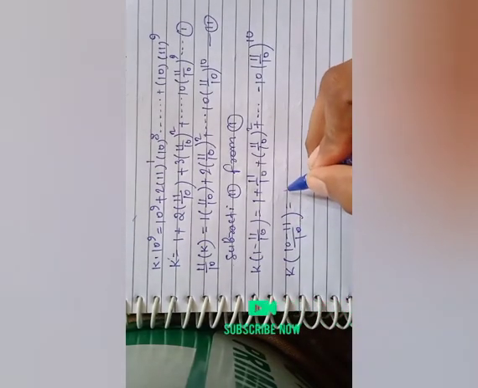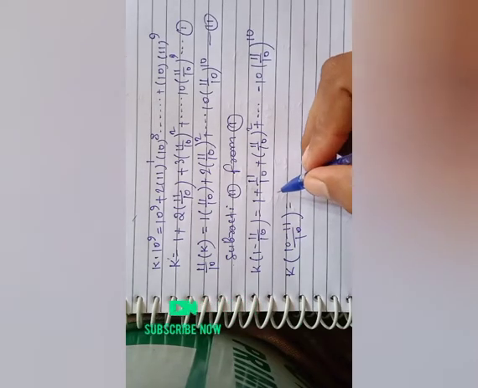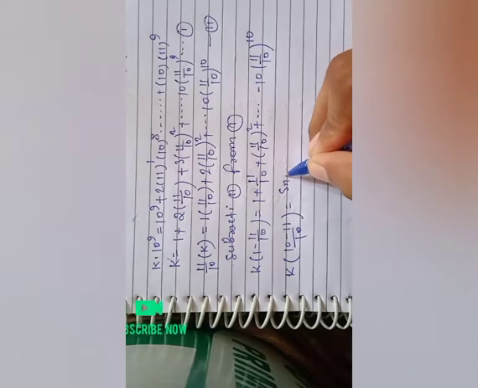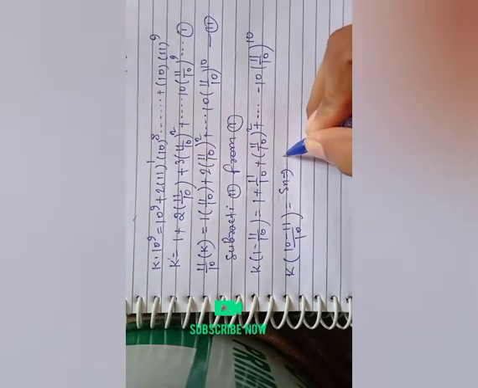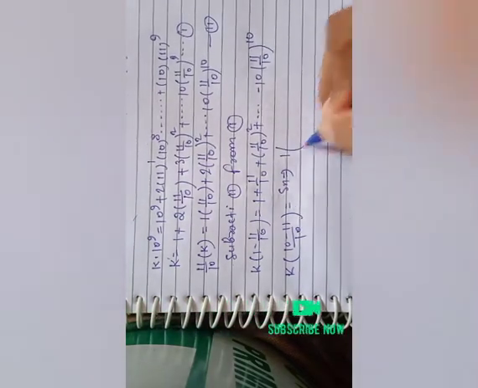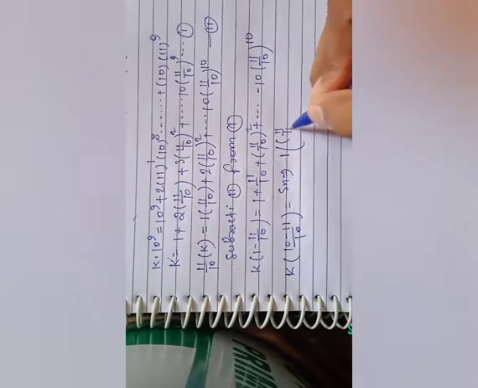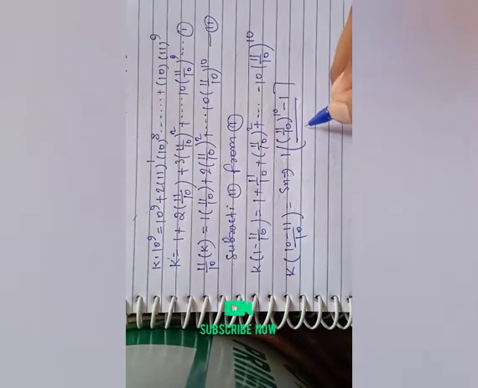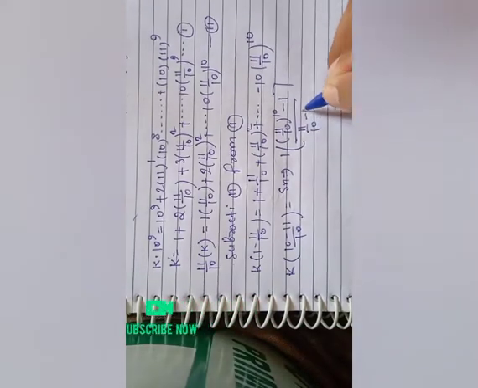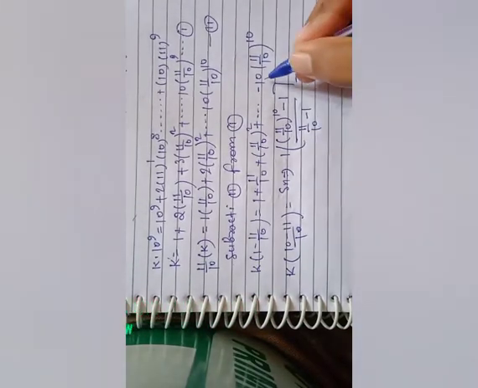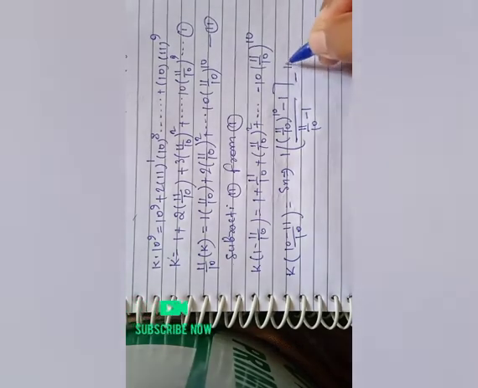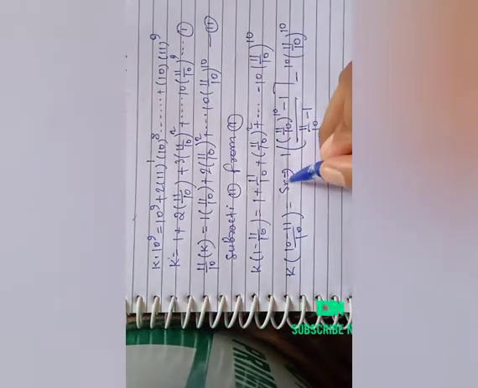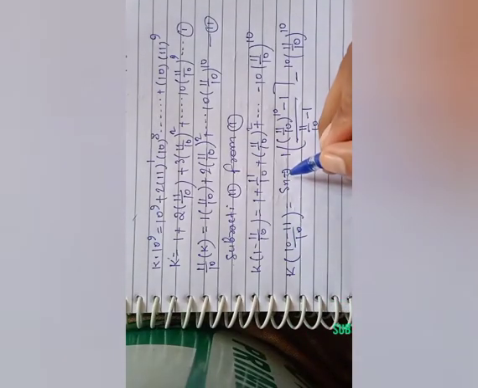Then we can write the formula Sn. We can put the value in the formula. Then we can write 1 into 11 by 10 minus 1 upon 11 by 10 minus 1. Then the last term is remaining, 10 minus 11 by 10. This is the sum formula of Sn.